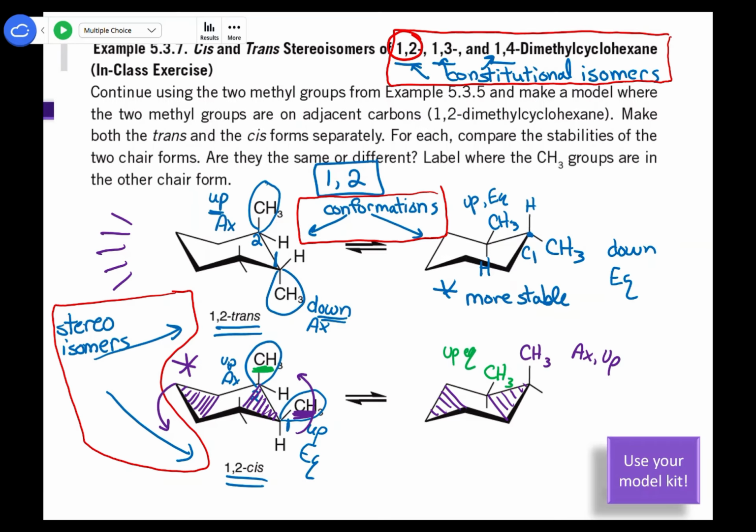So this one's up compared to the other substituent on that carbon. This one's up compared to the other substituent. So they're both up, so they're still a cis isomer. Of course, I could flip it over and see they're both down, but they're on the same side. So it's still the same molecule, 1,2 cis, but we have a different conformation.